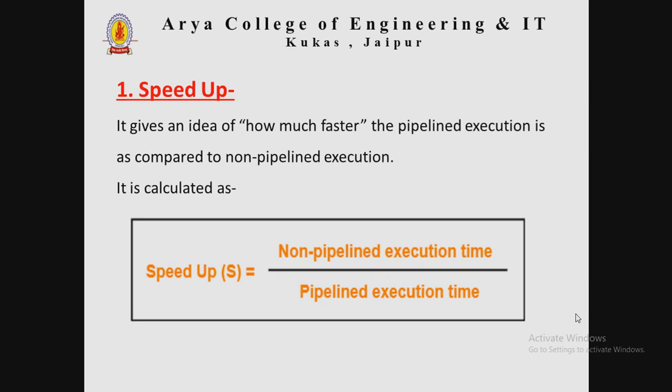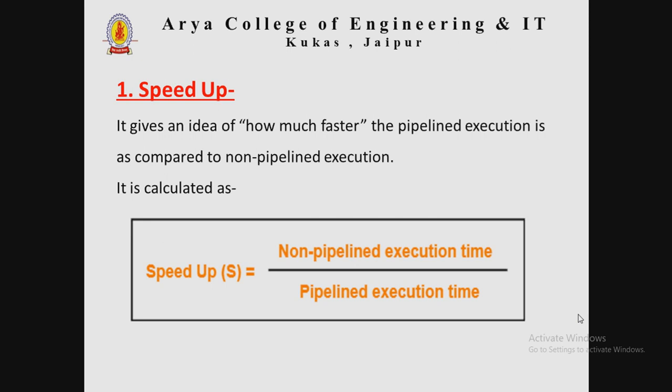While we talk about the first measure, that is known as speed up. What is speed up? Basically, it gives an idea of how much faster the pipeline execution is as compared to non-pipeline execution. What is the formula to calculate the speed up, which is denoted by S?